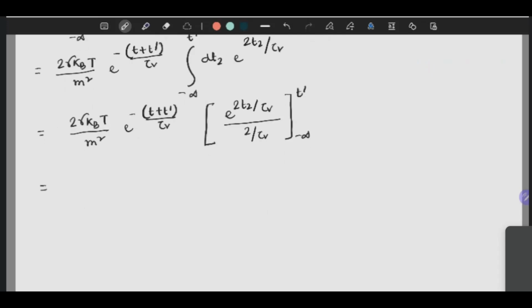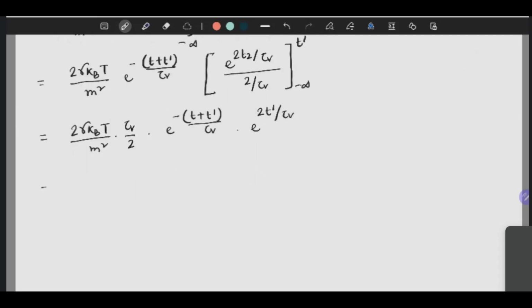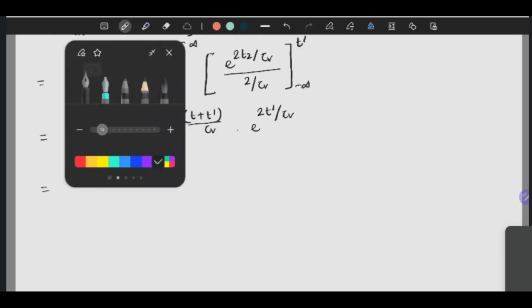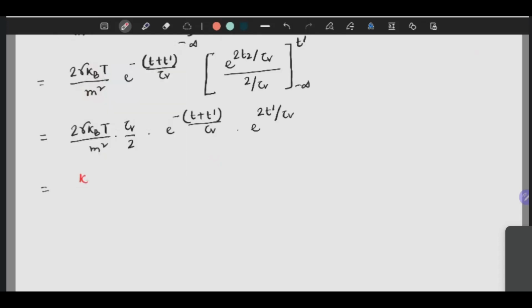So for this it becomes 2 gamma kbt by m squared into tau v by 2 into e to the power minus (t plus t prime) by tau v times e to the power 2 t prime by tau v, and that makes it kbt by m e to the power (t prime minus t) by tau v.